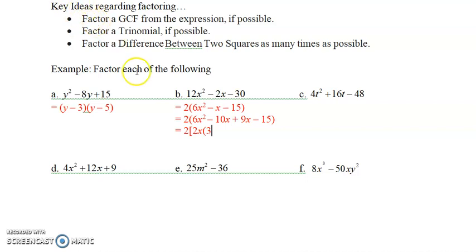It should give me 3x, and that's what's left over, the 6x. And what do I multiply 2x by to get negative 10x? It's minus 5. All right, so that 3x minus 5, we need to have that in both. Or you did something incorrect.